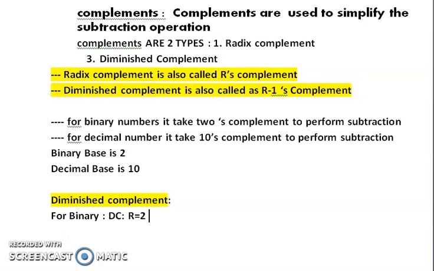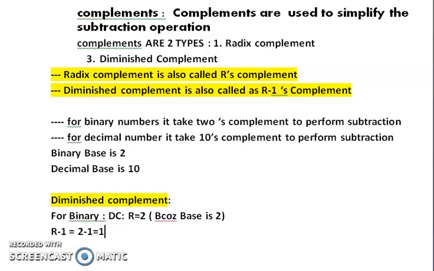Because the base value is 2, R equals 2. So R minus 1 is equal to 2 minus 1, which is equal to 1.